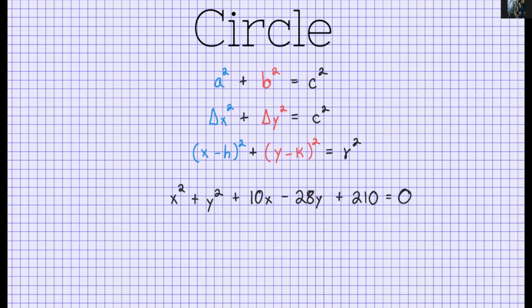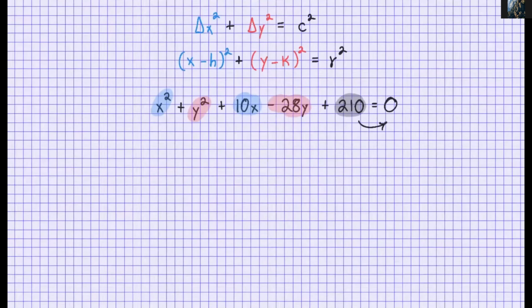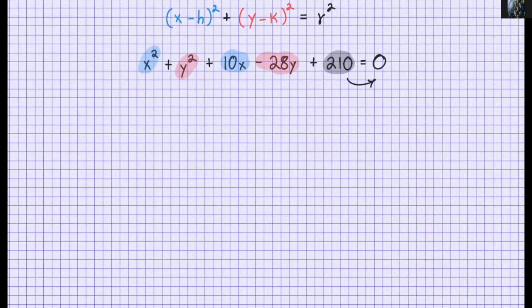So that means that we will have to gather the terms for the horizontal coordinates and the terms for the vertical coordinates. This one right here, we're just going to isolate onto the other side of the equation. So we will have x squared plus 10x.